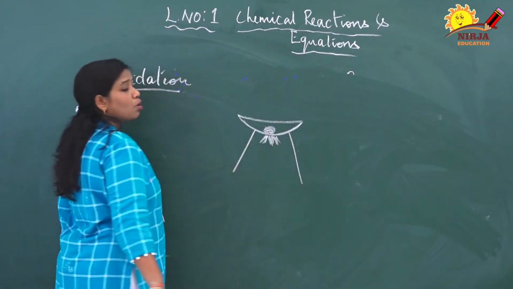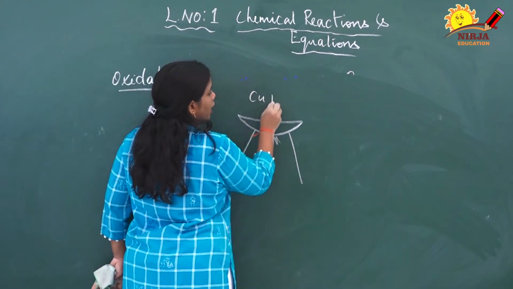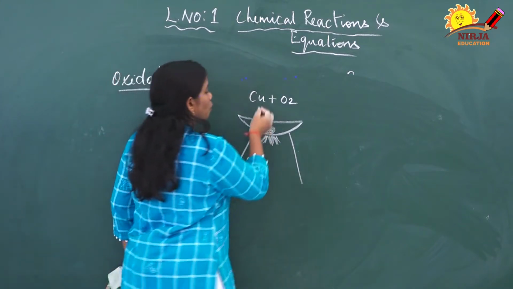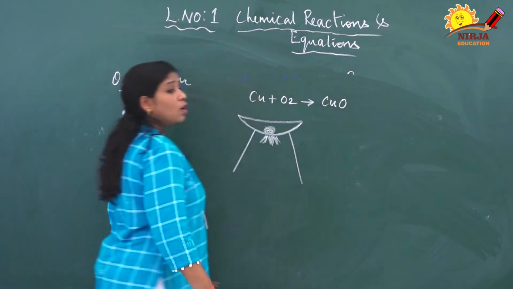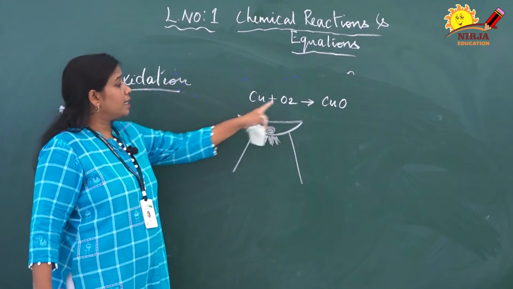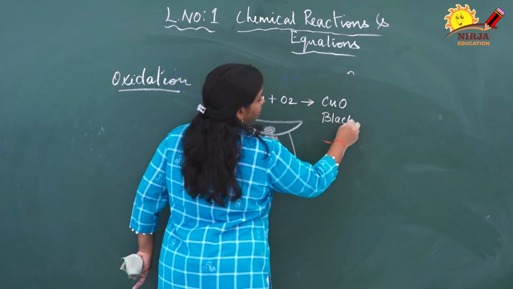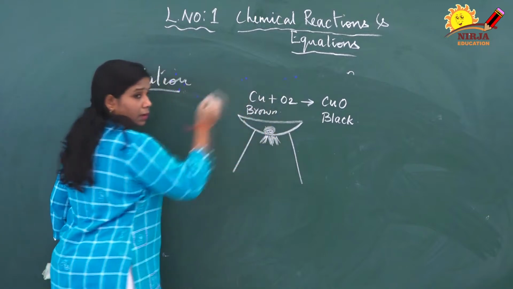The copper formula is Cu. It reacts with oxygen, because combustion needs oxygen, and produces copper oxide. The brown color is converted into a black colored substance.